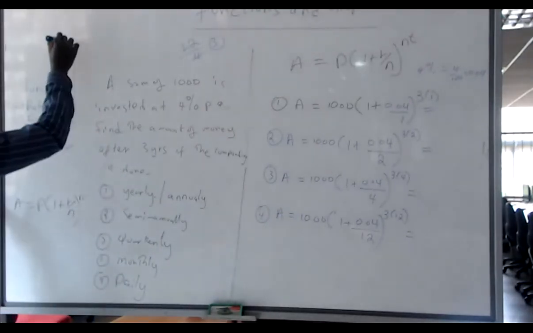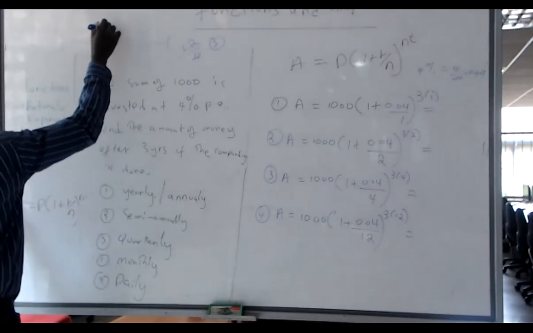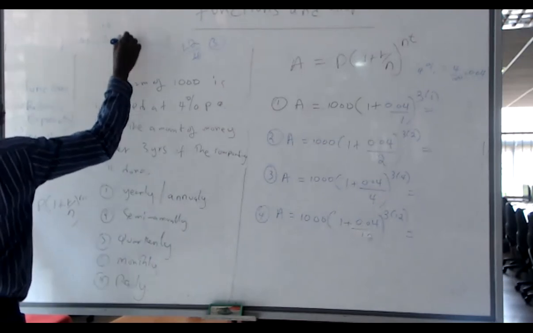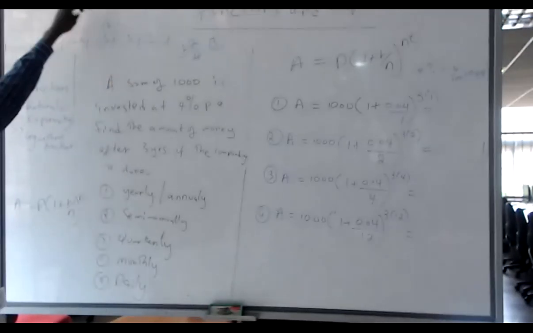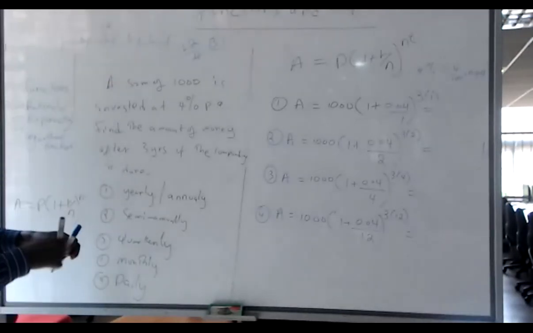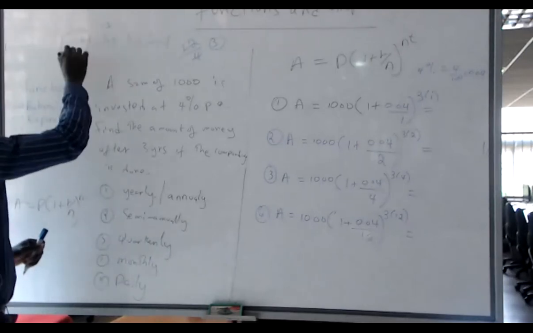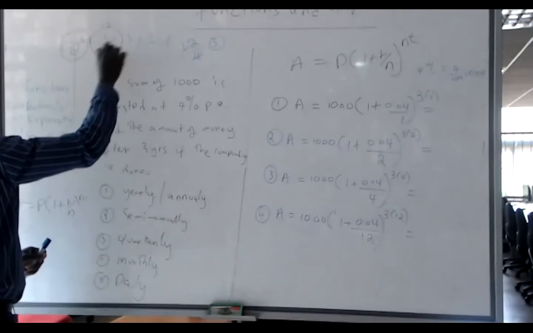So it means a year has 12 months. Each period is 3: 3, 3, 3, 3. So 3 plus 3 plus 3 plus 3 gives you 12. How many periods are there? The first 3 months is 1 period. The second 3 months is the second period.